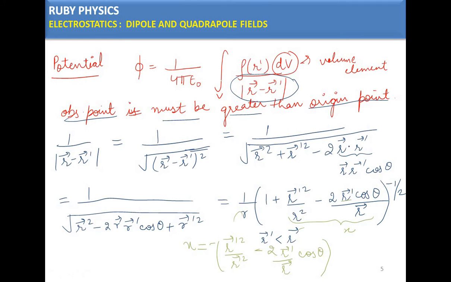This will be x. Now my equation will become 1 plus x to the power minus 1 by 2, and I have told you what x is.